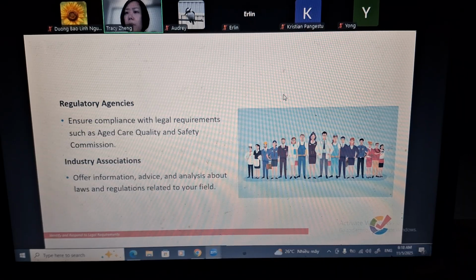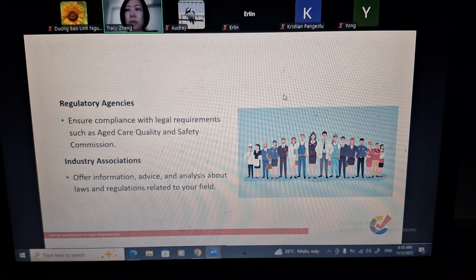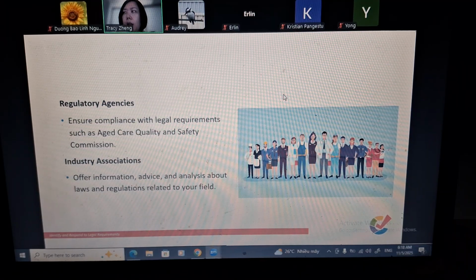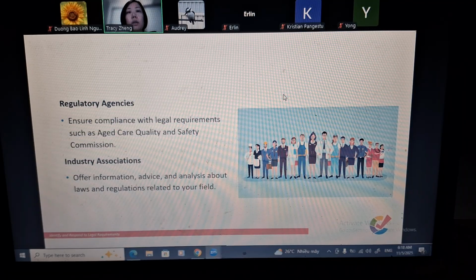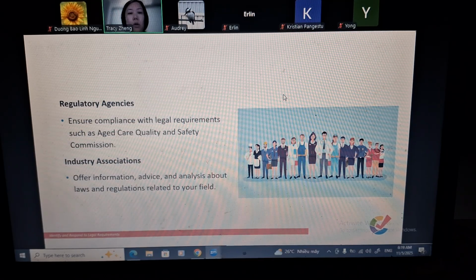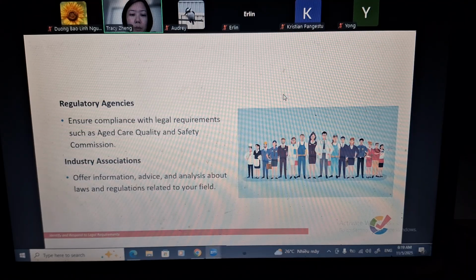I just checked the Fair Work website in Australia the other day. The minimum hourly rate for a care support worker is around $33 per hour for a junior aged care worker. Once you get more experience, your pay rate will get a bit higher, right? So just to give you some extra information, you can go to Fair Work and have a look at their website as well, right?